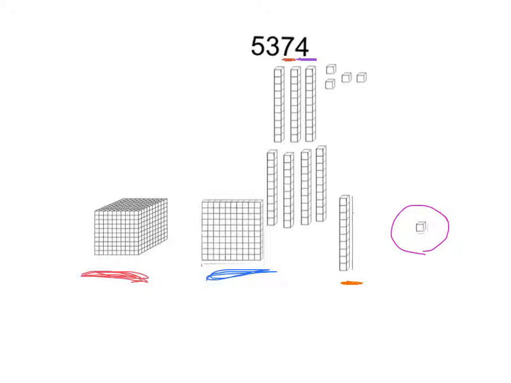What number is in the hundreds? The number 3 is in the hundreds column. That represents 3 hundreds. Which block represents the hundreds?